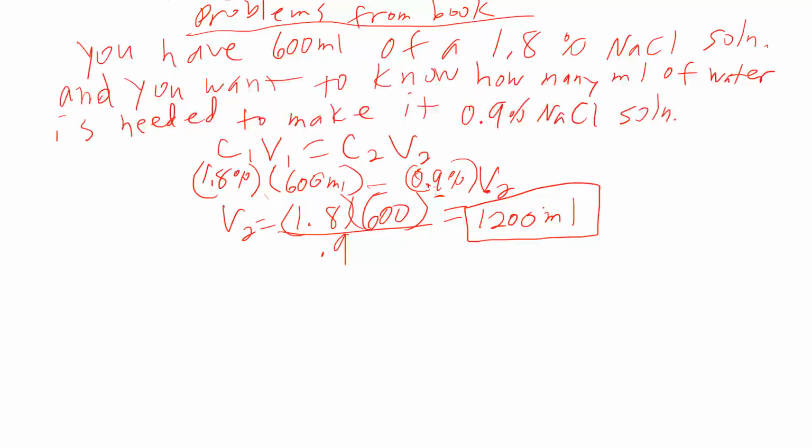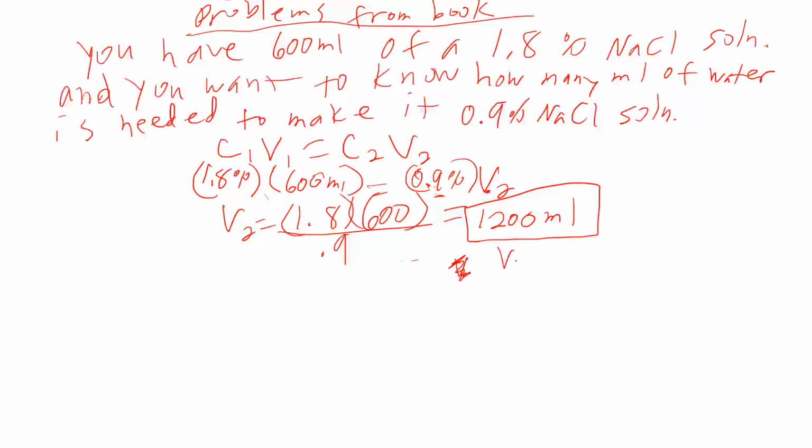So if we want, yeah, so I mean, V1. Let's see, V1 would be. Hold on. You have 600 mils of a 1.8%. All we know is that we have 600 mils of the 1.8%, and now we know that there's a total quantity of 1200 mils.